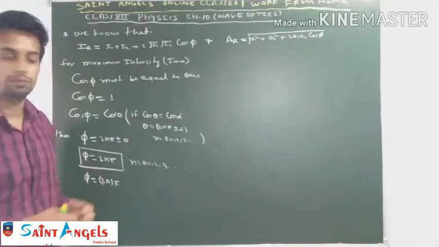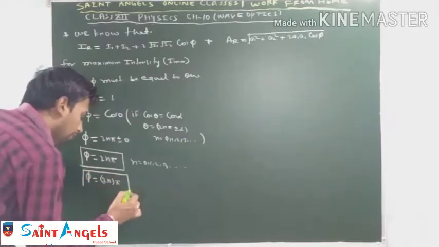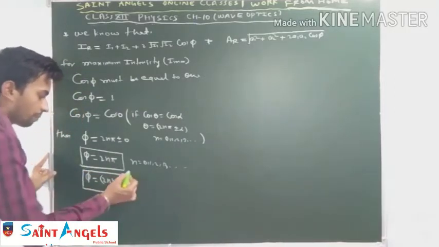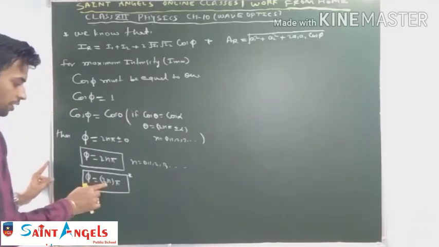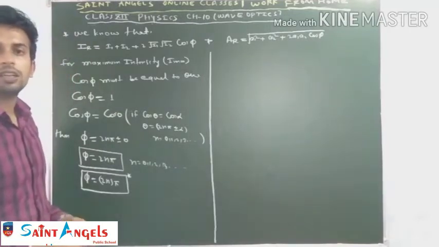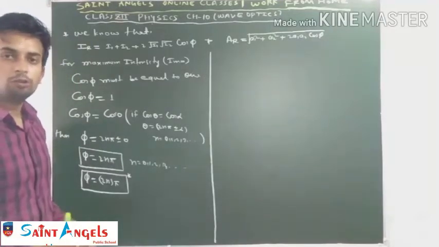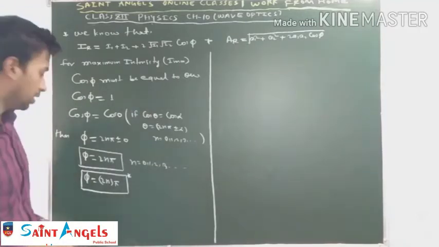So for maximum intensity or maximum brightness of any resulting wave, phase difference must be equal to 2n pi. Now we will find the path difference between two waves in such a way that the resulting wave has maximum intensity.